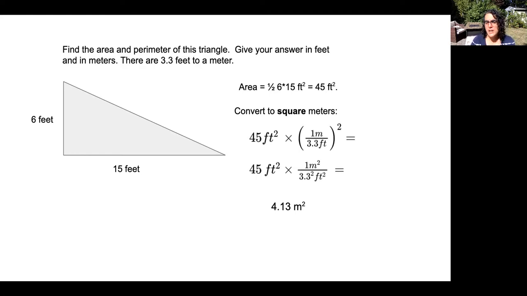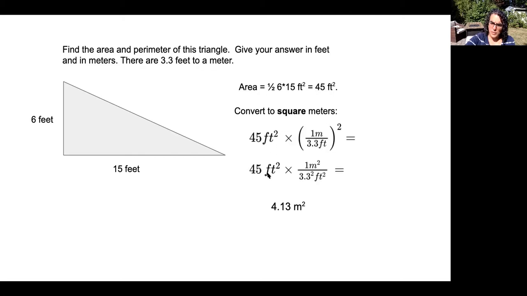That's 45 square feet. Converting that into square meters, I get that 45 square feet times 1 meter over 3.3 feet, but I have to square all of that so I can cancel out this square feet.